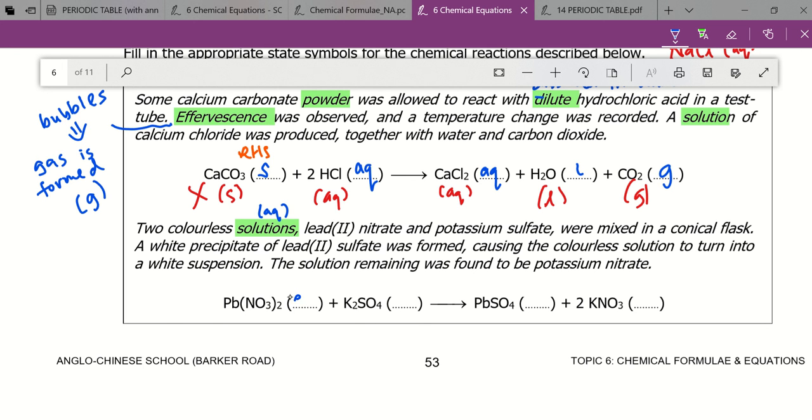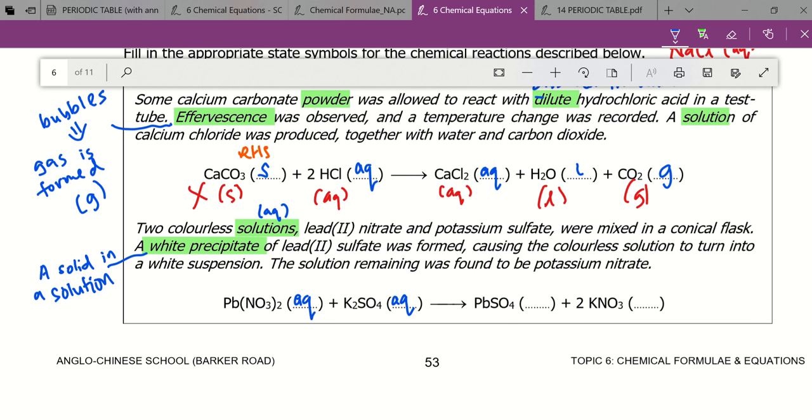So these two brackets should be AQ. And then I have a white precipitate. What is a precipitate? A precipitate is actually a solid in a solution.